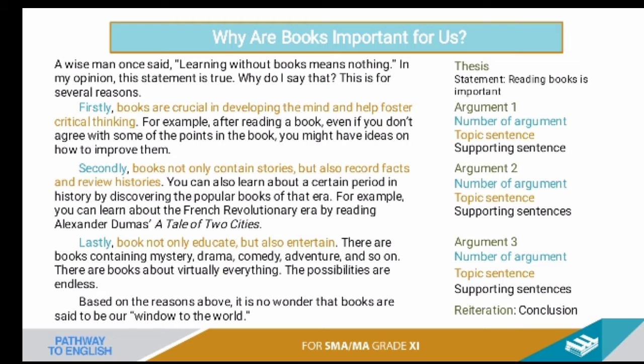And then the topic sentence is supported by the supporting sentences atau kalimat pendukung. Nah, di paragraf ini kita dijelaskan juga. For example, after reading a book, even if you don't agree with some of the points in the book, you may have ideas on how to improve them.